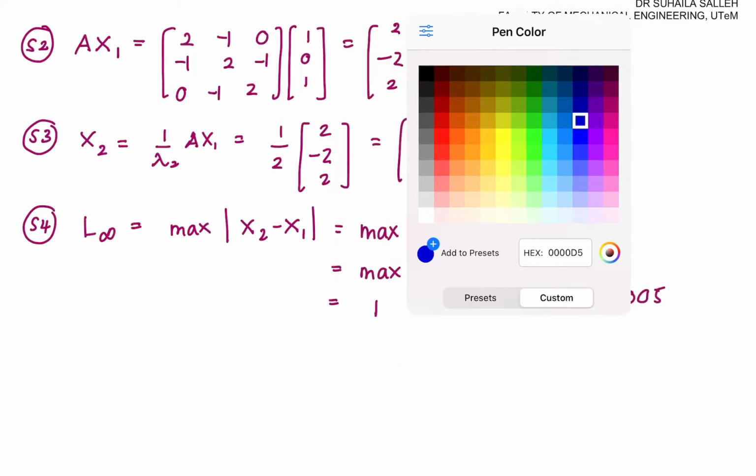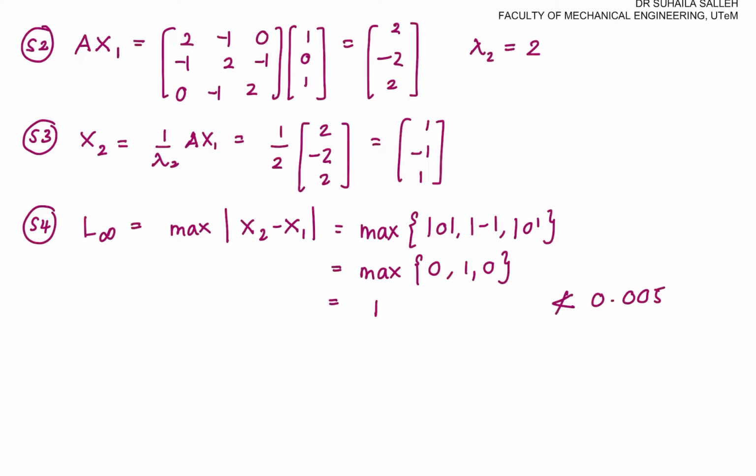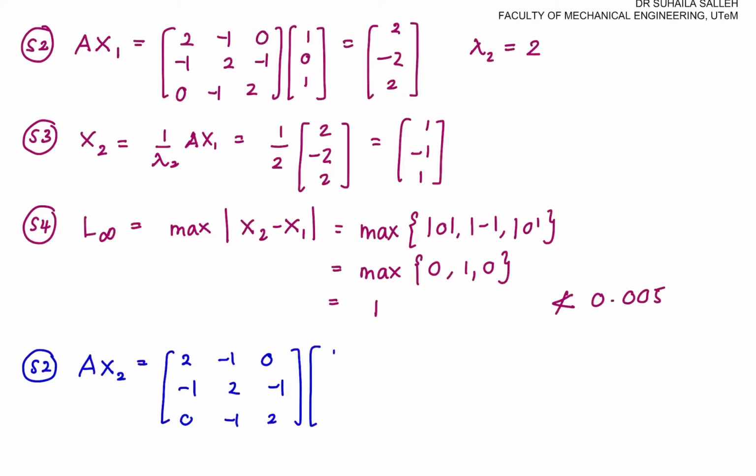Now another set, to approximate x3. We repeat with step 2, A x2. That's our A, multiplied with x2, which is 1, minus 1, 1. This gives 3, minus 4, 3.